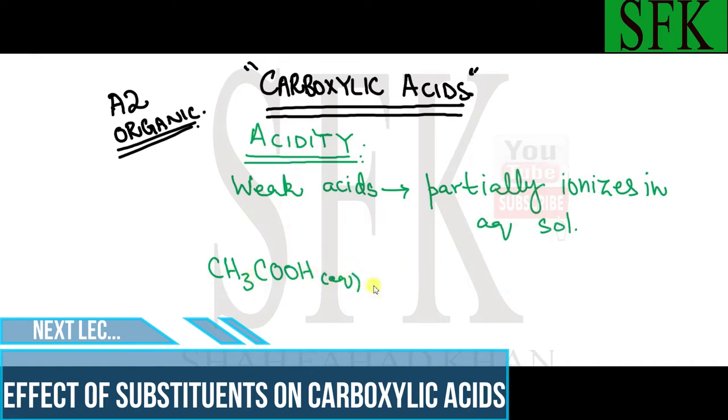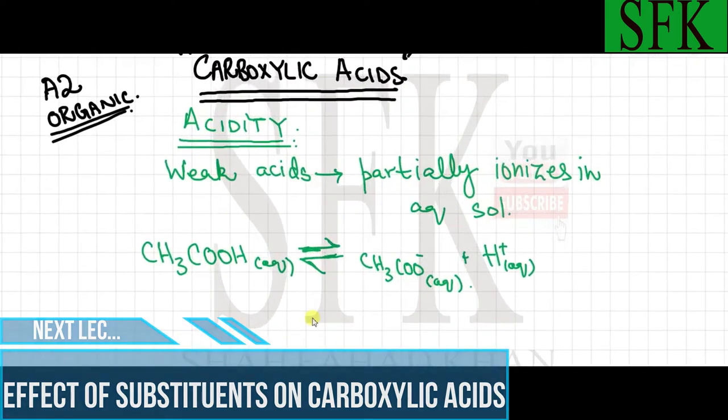If it is added to an aqueous solution, the ethanoic acid dissociates to release H positive ions, which are also aqueous, and ethanoate ion, CH3COO negative, which is also aqueous.